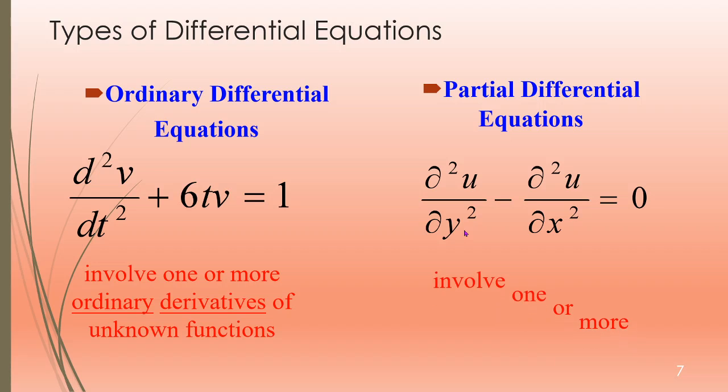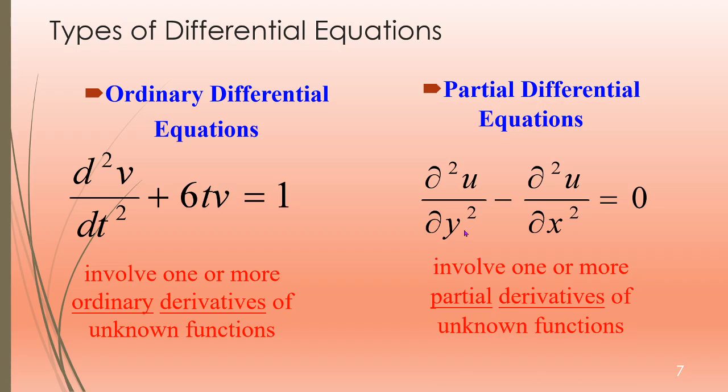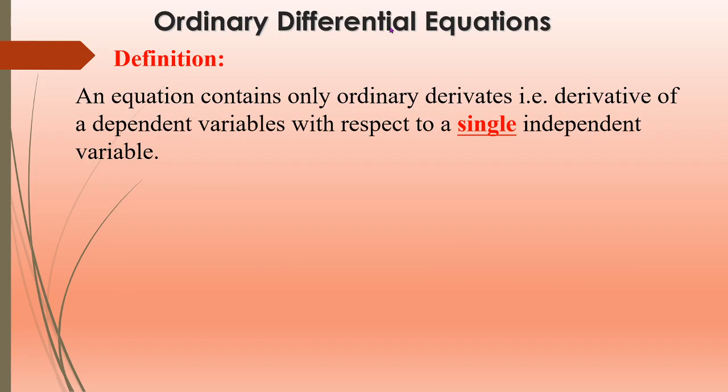Let us see how exactly ordinary differential equations and partial differential equations are defined. Any equation containing ordinary derivatives, that is, the derivative of a dependent variable with respect to a single independent variable.